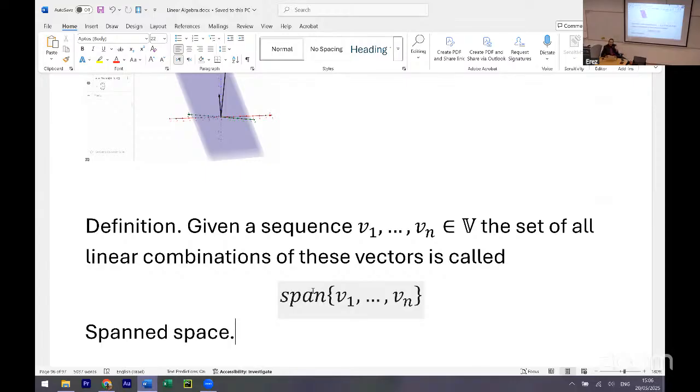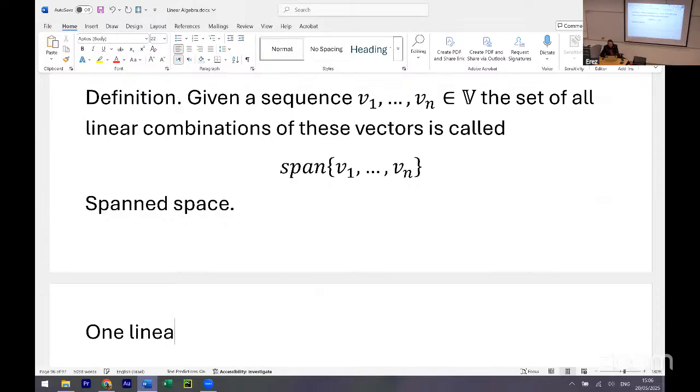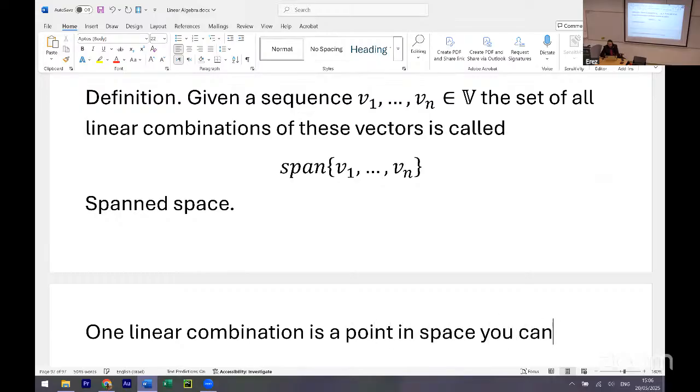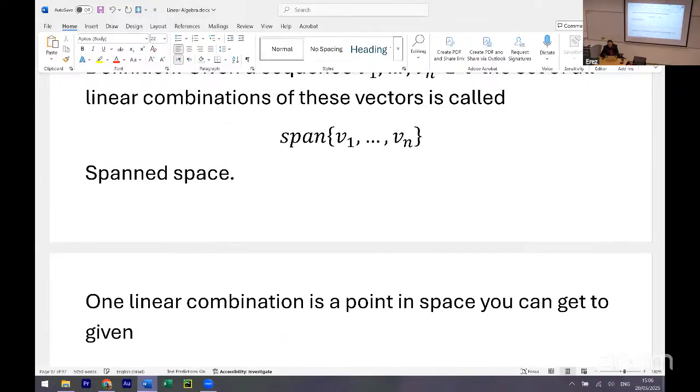So one linear combination is a point in space you can get to using the given direction vectors.